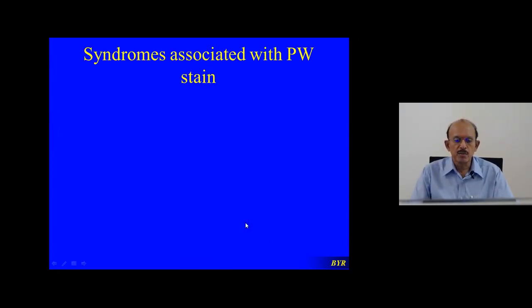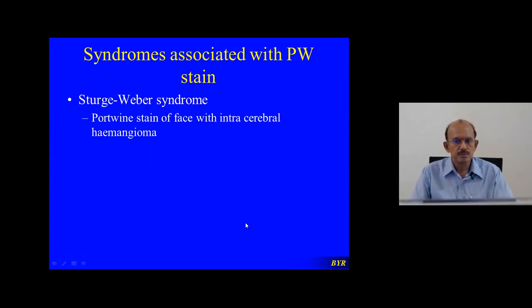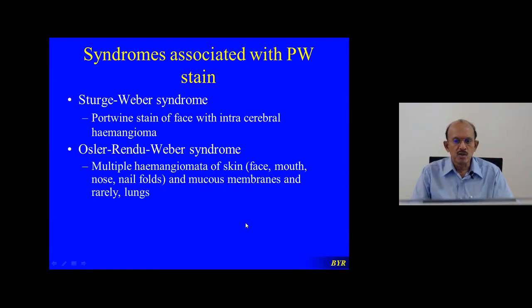Syndromes associated with port wine stain: Sturge-Weber syndrome. This is port wine stain on the face with intracerebral hemangioma. Osler-Rendu-Weber syndrome: multiple hemangiomata of the skin, that is face, mouth, nose, nail folds, and mucous membranes, and rarely the lungs.